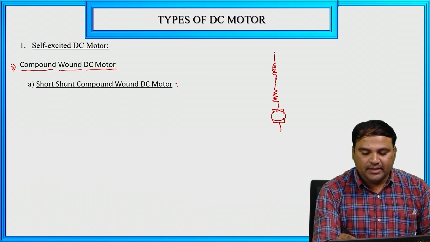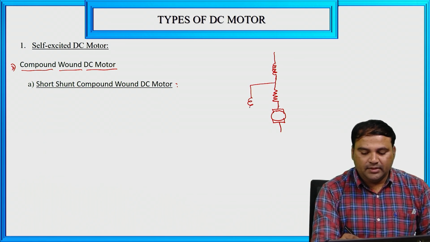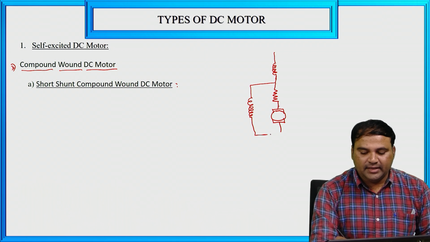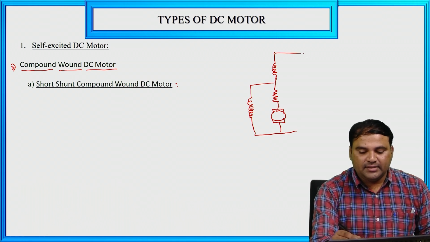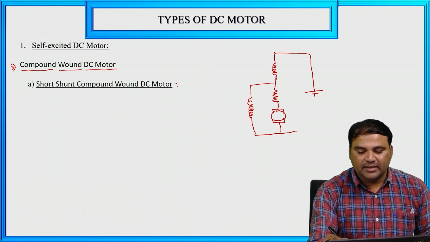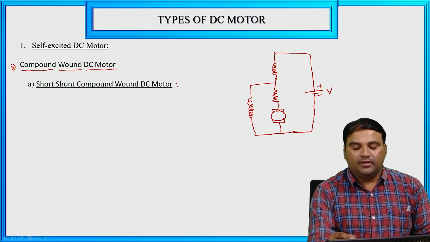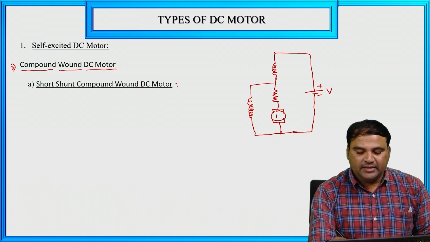This is connected here. The shunt field winding is connected here, and on this side we need to give the DC supply, plus and minus, with voltage V. And this is the motor.